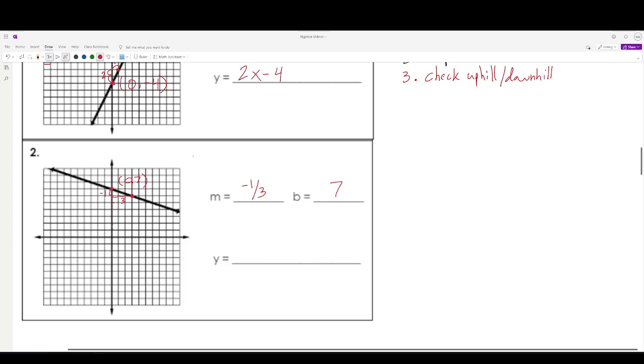Is it going uphill for a positive slope or downhill for a negative slope? If not, fix the sign. So here we have y equals negative 1/3 x plus 7. You can also write that as negative x over 3 plus 7, but I prefer to write it as 1/3 so I can see the rise and the run.